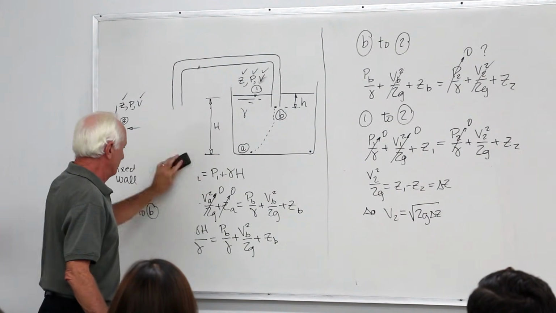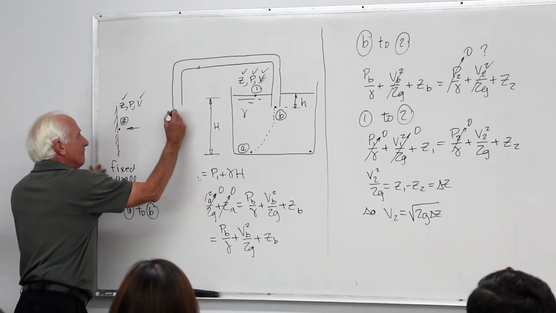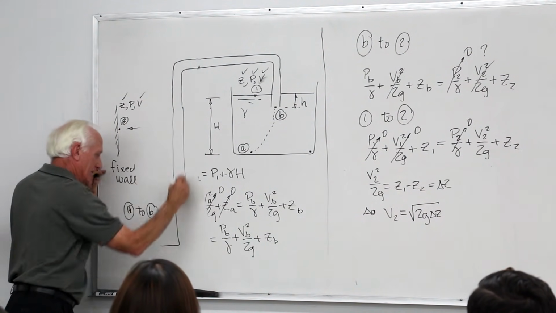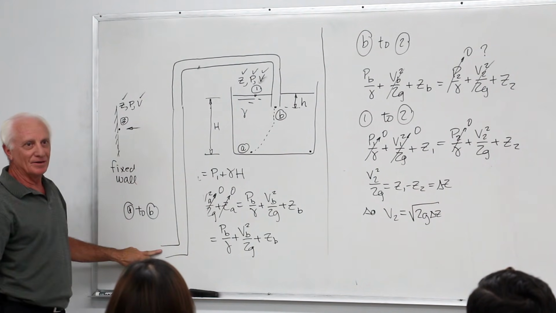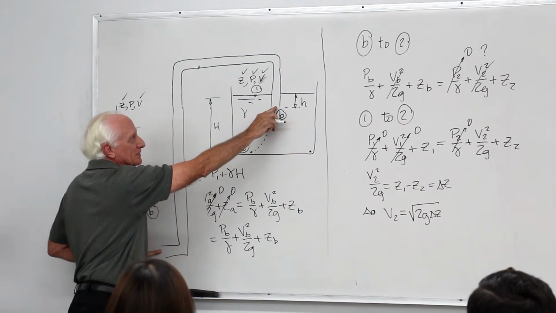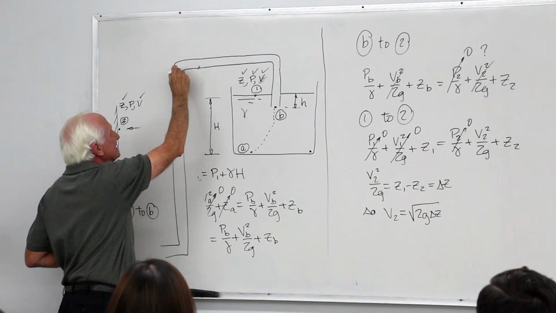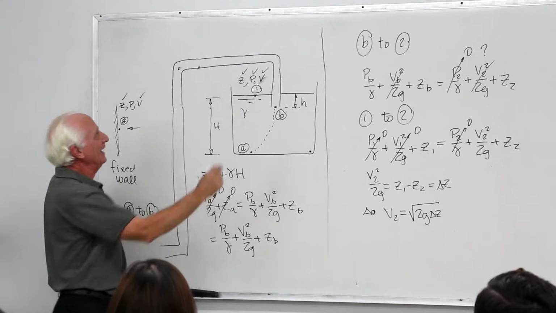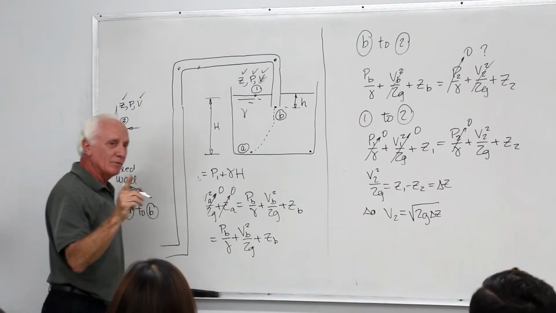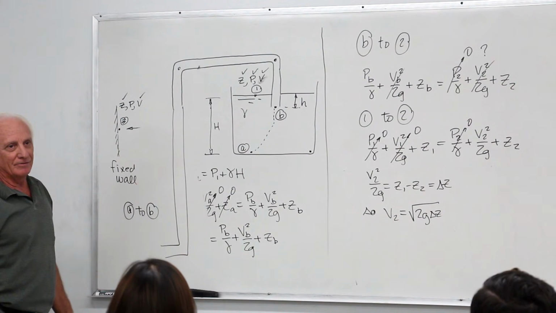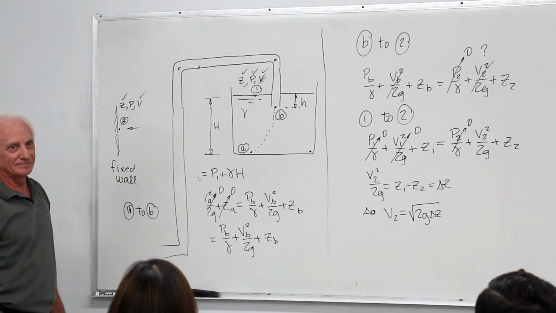Okay, I put this pipe 50 feet below the ground. What's the velocity here? Well, I'll tell you. It's the same as the velocity here. And it's the same as the velocity there. Why do I know that? Conservation of mass.